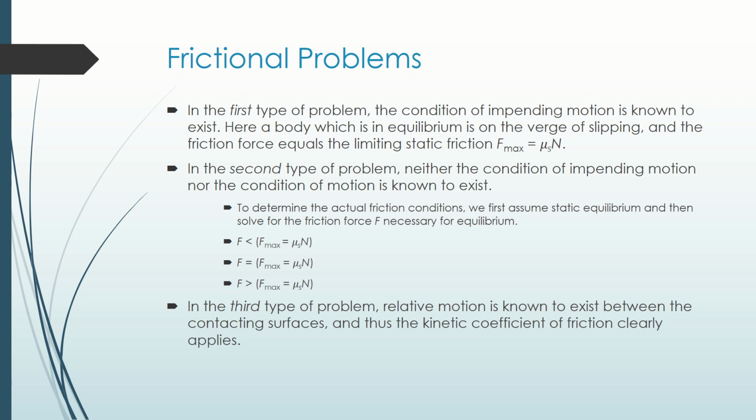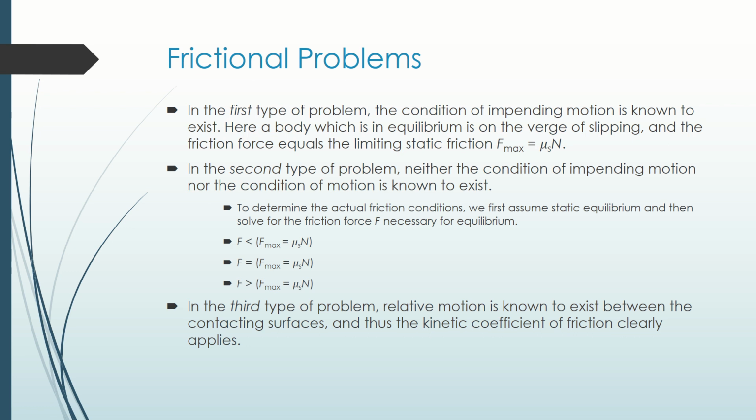If F is less than mu s N, then you have no slippage. It is static. There is a tendency of motion. The mu s can generate almost no motion, but the body in motion will tend to remain in motion.